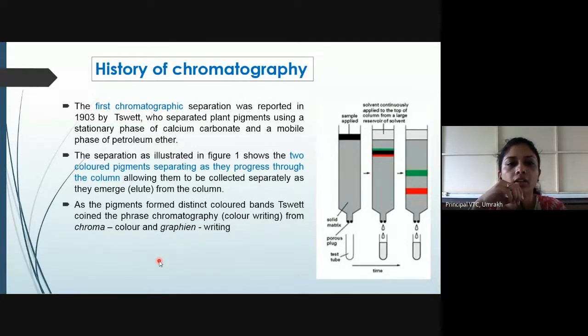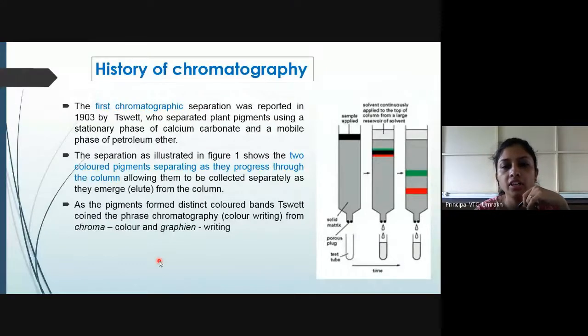Tswett had separated two plant pigments with the use of stationary phase calcium carbonate and mobile phase petroleum ether. He observed that these two color pigments separate through the column. One of the pigments was eluted, and the pigments had different colors.